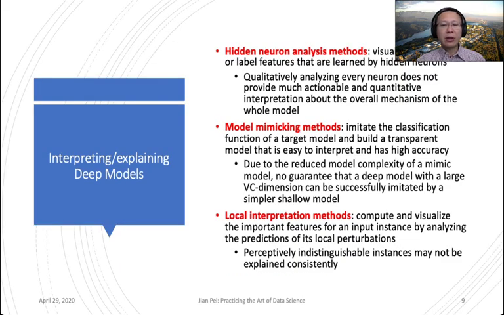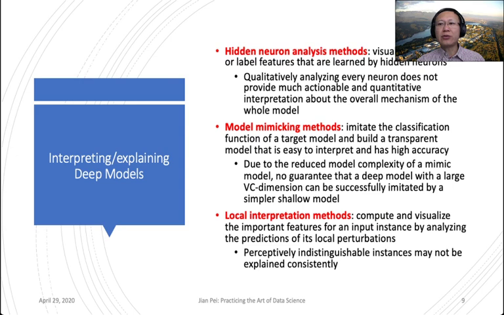If we want to talk about interpretability and understandability, there is already a lot of existing work on how to interpret, for example, a deep neural network. In principle, they can be grouped into three major ideas. The first idea is that we can look at every neuron in the deep neural network.